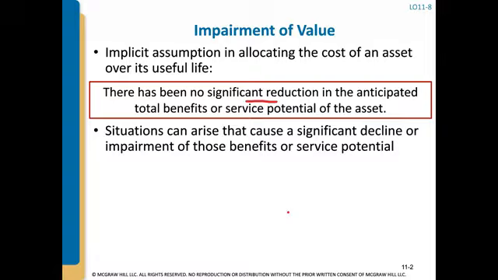That can arise from different reasons, and you can watch the first video on impairments if you want to go through all those different types of reasons. But when those situations arise, there is some accounting involved in what to do with that intangible asset.